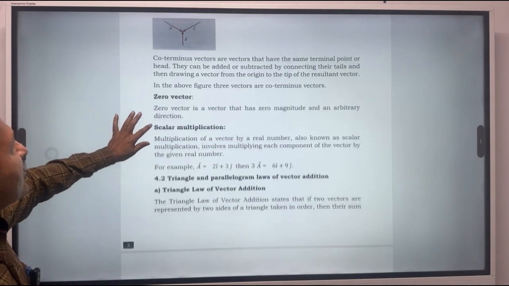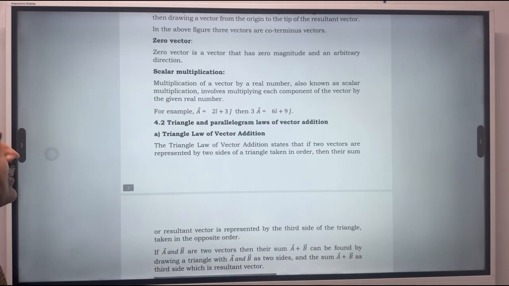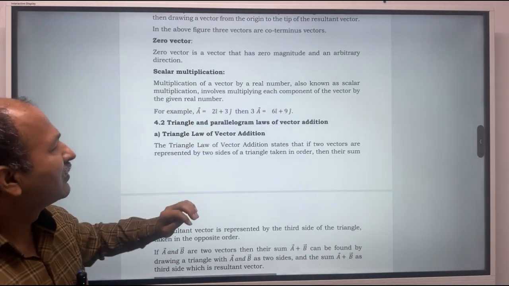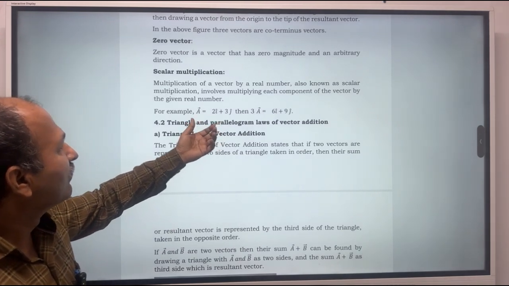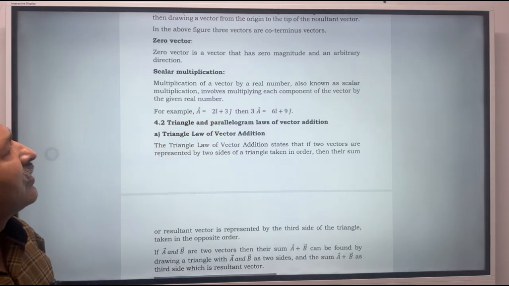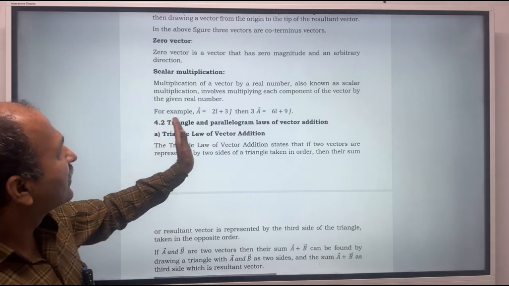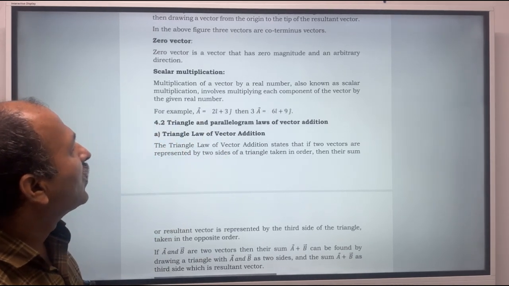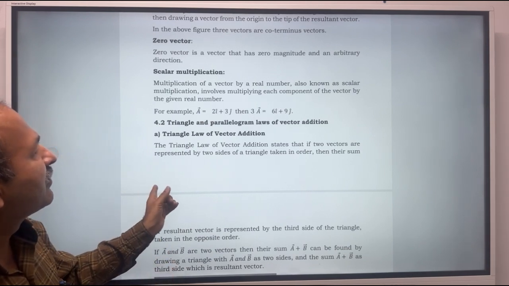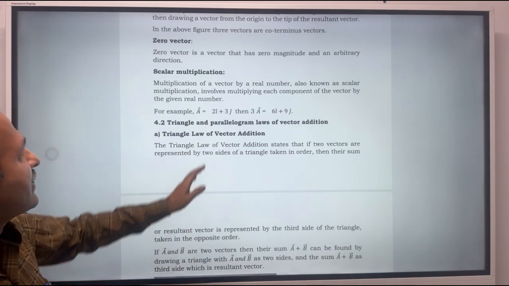Then comes scalar multiplication. Scalar multiplication means you are given any vector in terms of its components, as you know, and then we can multiply by some number. Then what will happen? i, j, k will remain the same, only the magnitude will get multiplied by that number.